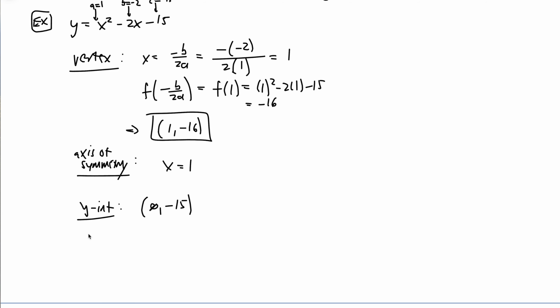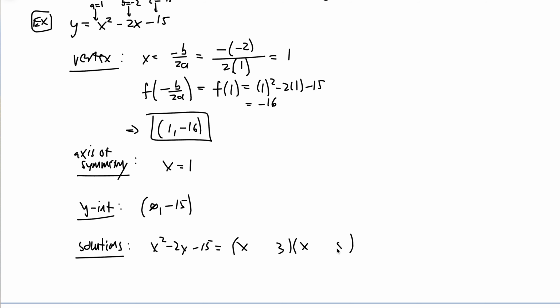What else? Well, what about our solutions or our x-intercepts? Well, we can get those as well, right? What would we do? Think about this. Maybe you factor it, right? Because it is kind of in a form where it might be easily factored. So let's go ahead and factor that. x squared minus 2x minus 15. We could factor this into x. So factors that multiply to negative 15 and add up to negative 2.